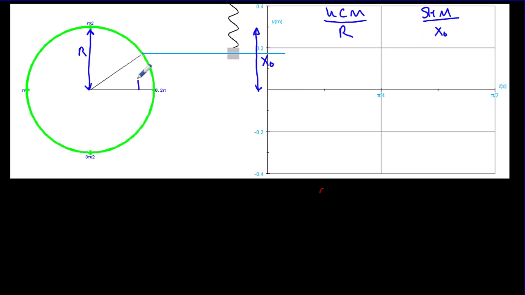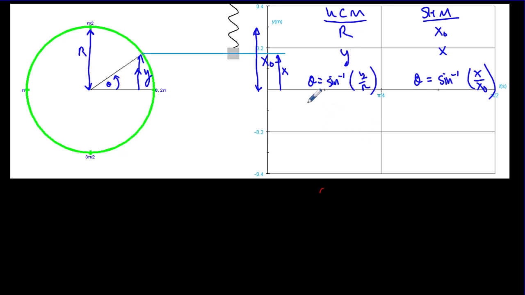And then this vertical displacement that we see in uniform circular motion, it becomes what we'd call the displacement. Usually represent that by an x. The angle in uniform circular motion, well, we could say that that angle is given by the inverse sine of y over r. And we're essentially going to use the same angle in simple harmonic motion, so that theta would equal the inverse sine of x over the amplitude.